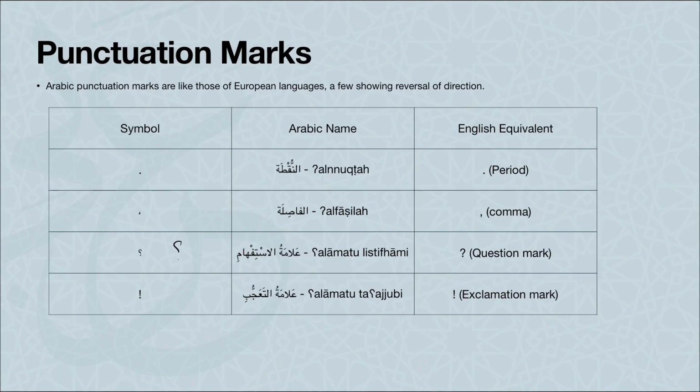But a full stop or period in Arabic is called nuqta. Nuqta is just a dot at the end of the sentence. The use case is very similar to English. Also, our comma in English looks like this, but in Arabic it's an absolute reversal, upside down technically.